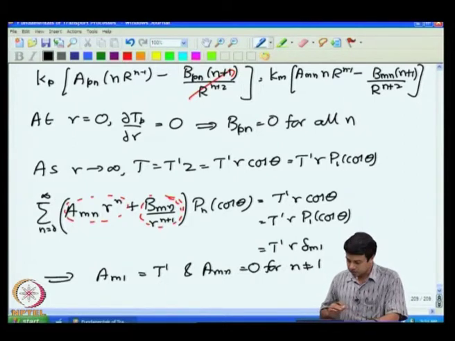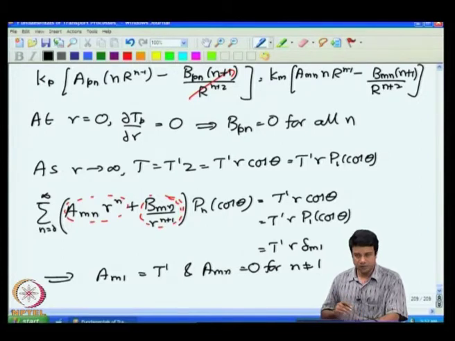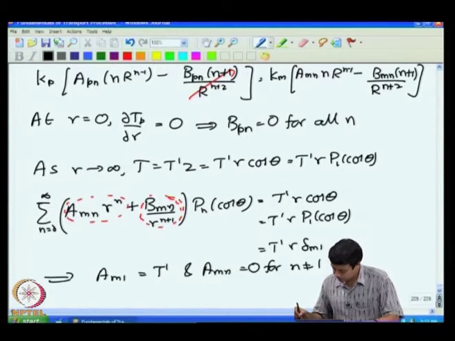That is what you get by the orthogonality relations in the limit as r goes to infinity. So, from the symmetry boundary conditions at r equal to 0, B_pn was equal to 0. From the orthogonality relations as r goes to infinity, A_m1 is non-zero and equal to T'. All other coefficients are equal to 0.